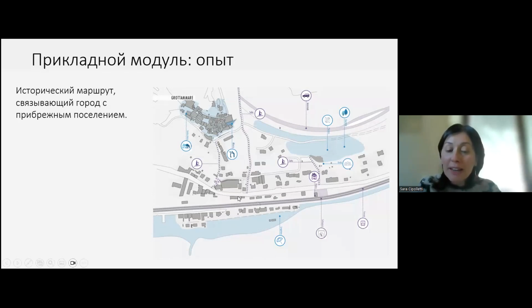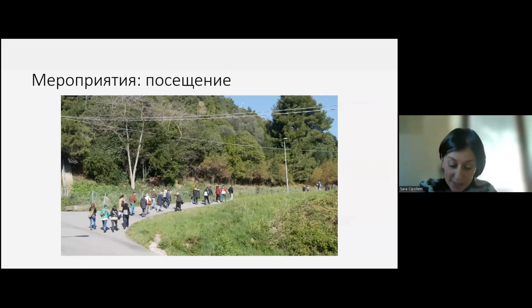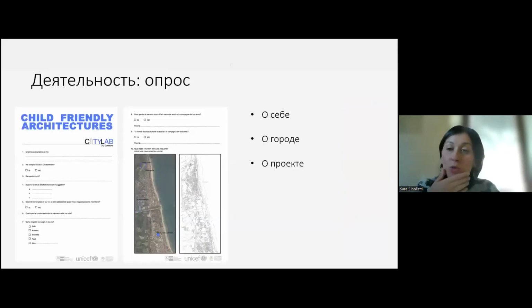These two parts are really divided, so we try to elaborate a historical path. We try to elaborate a link between these two environments. We make visits with children and with the participants of the training course, and then we start to elaborate some tools to begin the discussion, to listen to the opinion of children, and the support of UNICEF to build this tool is very important.